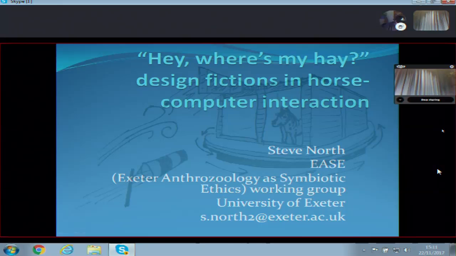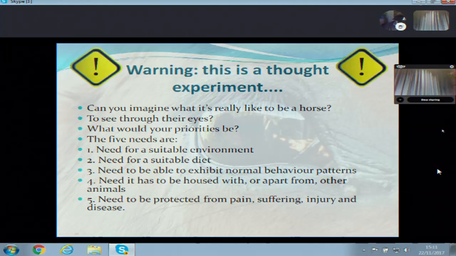Rather, they are cautionary tales illustrating the inherent danger in trying to co-design with the voiceless, pointing out just how other non-humans may seem to the human animal. So, warning, this is a thought experiment. This is why I put the two big exclamation marks there. It's designed to be provocative and to make you think about things in an animal-centered way.